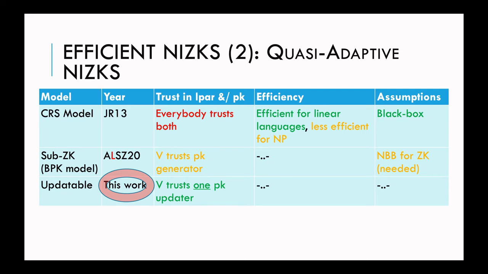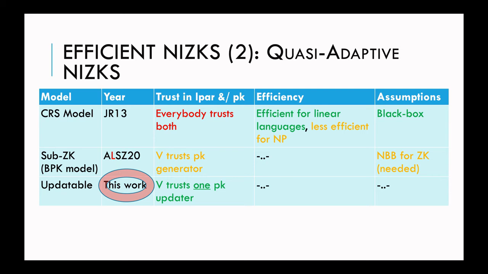Those schemes are efficient for linear languages and less efficient for NP. But like I said, the assumptions are black box. Then this year at Asiacrypt, we proposed a subversion zero-knowledge version of KNIZKs. Or it's maybe better to call it a bare public key model, as I will do in the next.